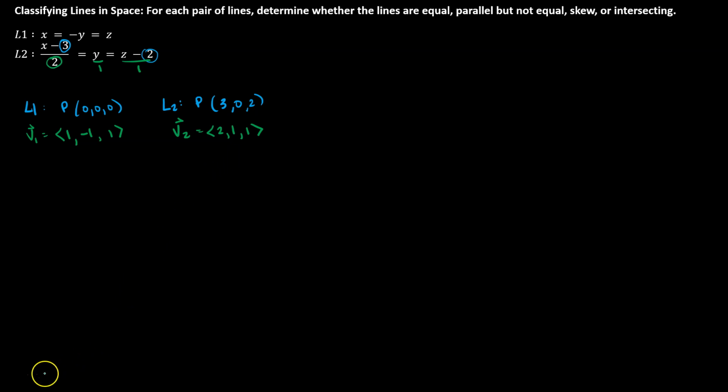Okay, the reason why we went through that process of extracting all that information is so that we can check to see if the vectors are parallel. If they're parallel, then we might have equal lines, or we might have parallel but not equal. So let's check those first. If they're parallel, v1 and v2 have to be scalar multiples, so let's check to see if they are.